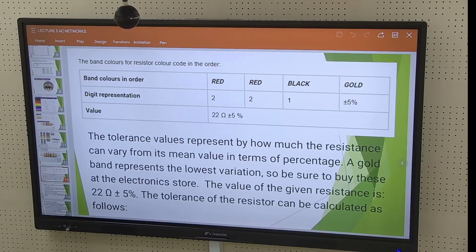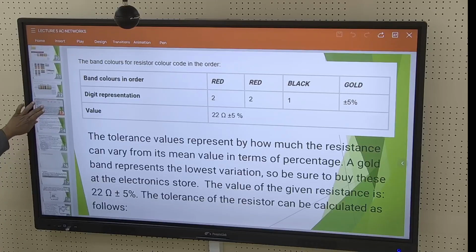So it's 2, 2, times 1, so it's 22 ohm plus or minus 5%. That's how they do it. So this is simple. You might follow them as we go.